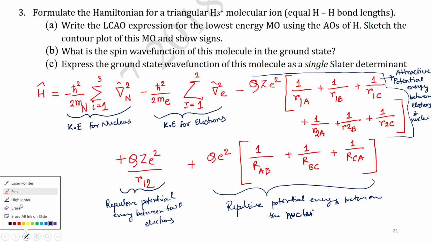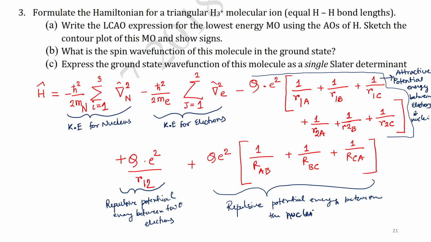So I can erase Z. No big deal, because the atomic number is going to be 1, right? And this is the first part, where we have already formulated the Hamiltonian for the triangular H3 plus molecular ion.